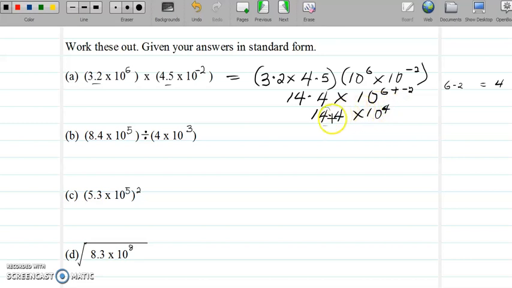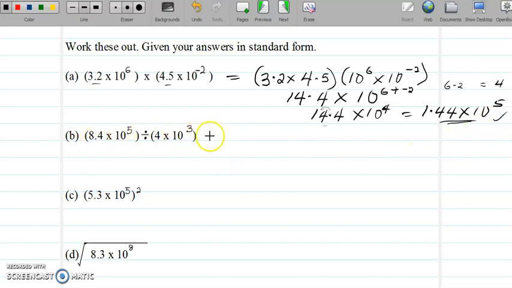If I shift this one point, I now have 1.44 times 10 raised to power 5. I added 1 here because I shifted the decimal point to this side. Okay, so this is how we solve it, and this is the standard form.